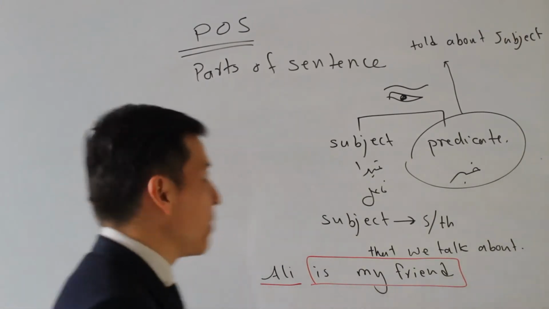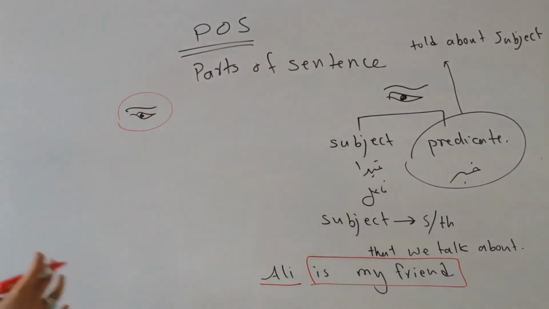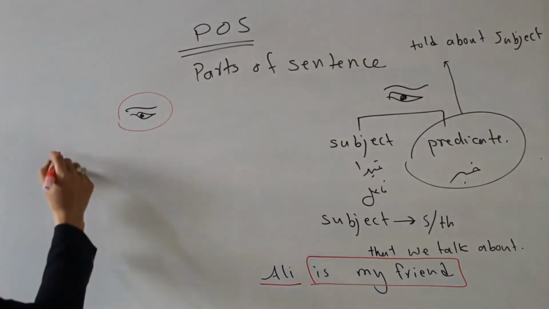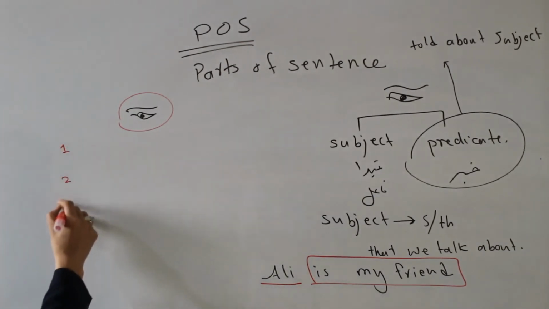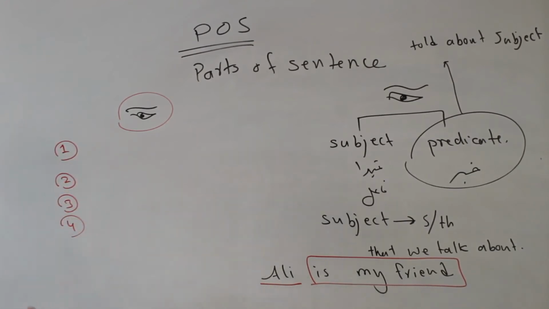Okay, another perspective that we have is that we classify the sentence into four parts. We classify the sentence into how many parts? Four parts. The first part of the sentence is the subject.